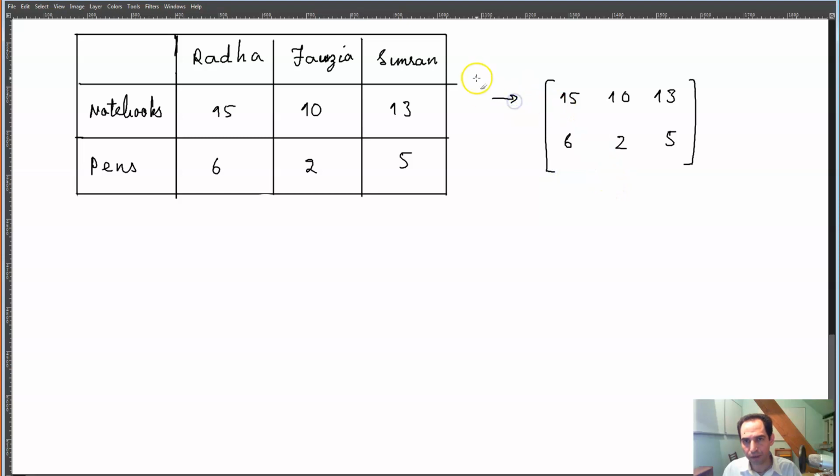And now you can see that this is my first row, this is my second row, this is my first column, this is my second column, and this is my third column.